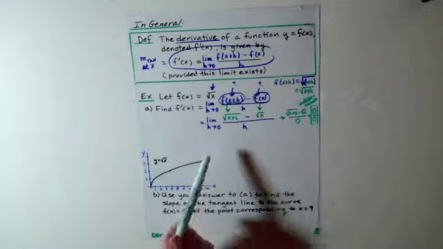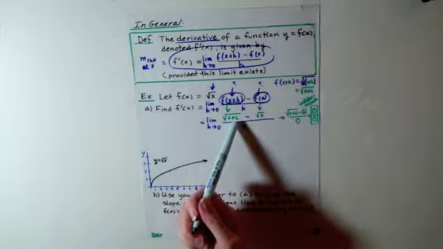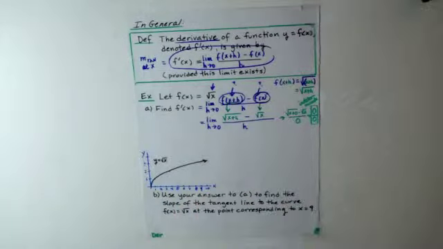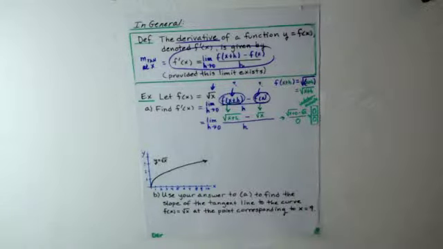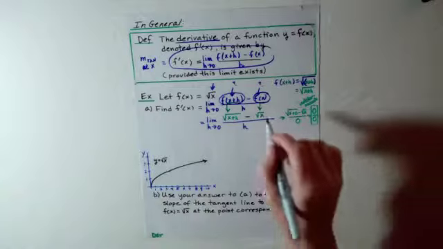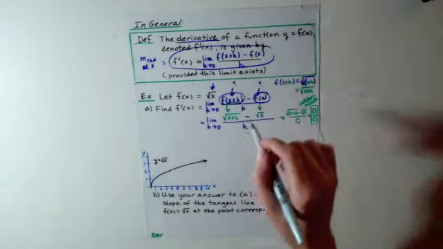Somehow we have to try to get this x plus h and this x out from underneath the square root symbol. And I want you to try to think about different tricks that you've learned to get rid of a radical expression like this. Essentially what we want to do is to try to rationalize the numerator.